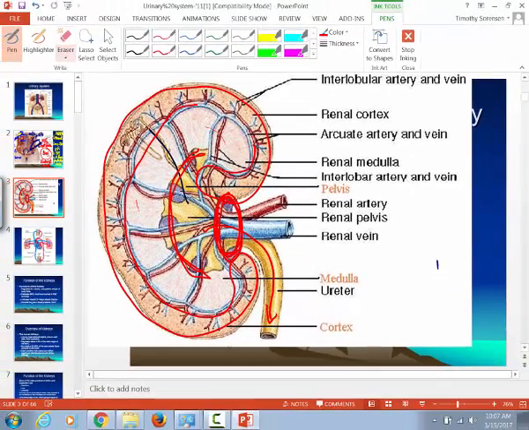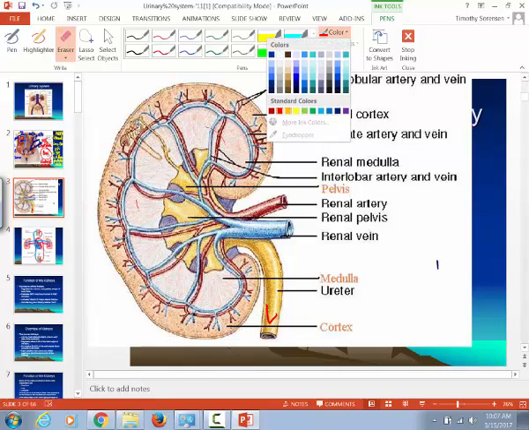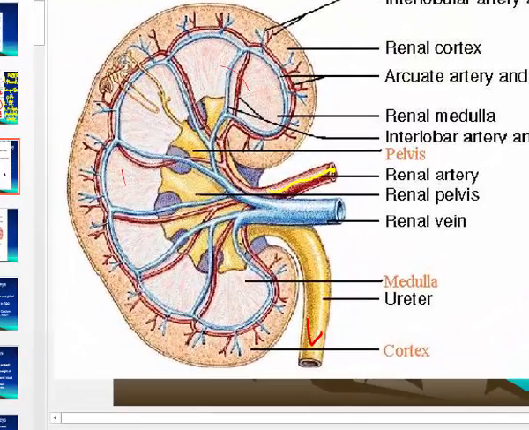A couple of things you need to remember: it is the arterial blood that is actually filtered by the kidney. As that blood enters the kidney through the renal artery, you can see that it begins to branch off and becomes smaller and smaller.